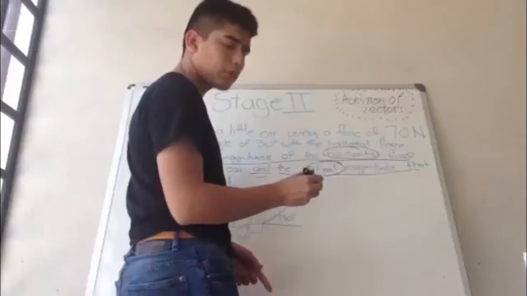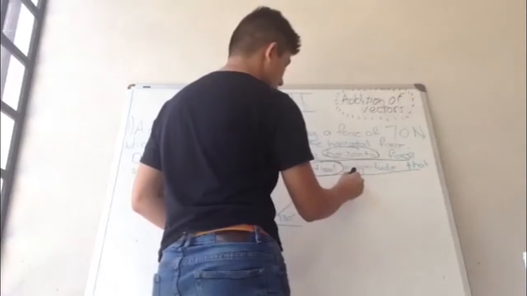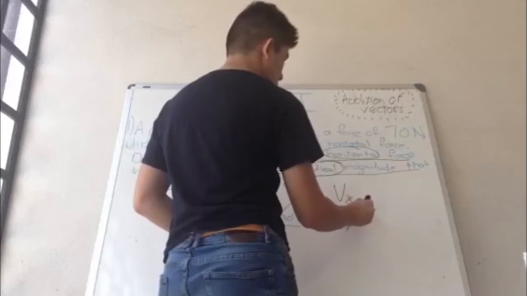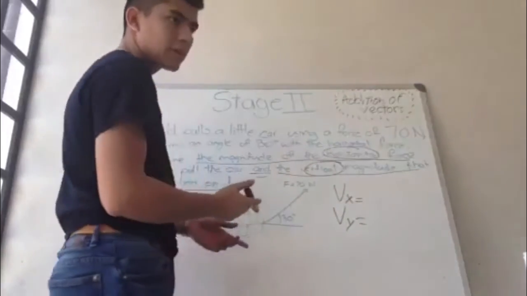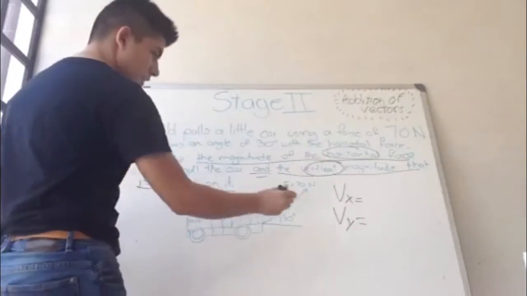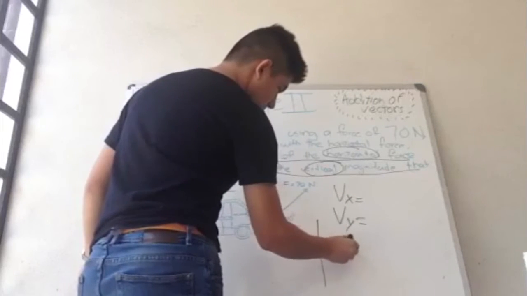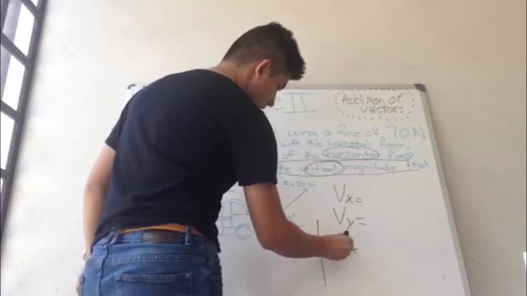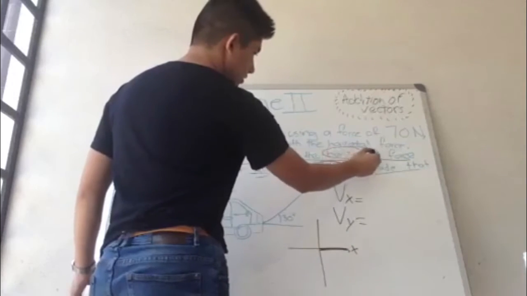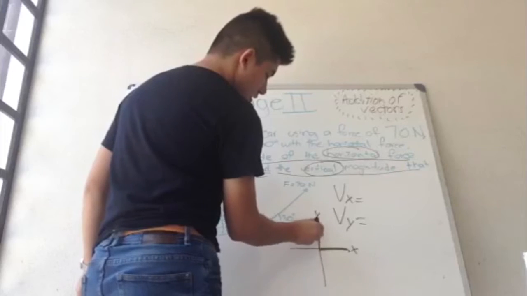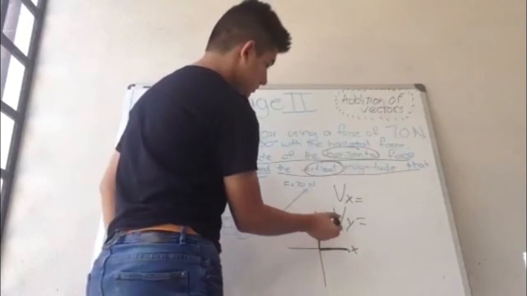So for this example, we need to get the Vx and the Vy, which are the components of the vector. Vx is the representation of the x, which is the horizontal force, and Vy is the representation of the component y.